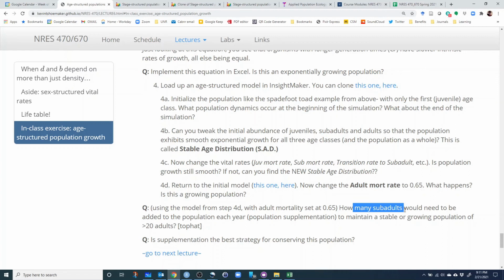How many subadults would we need to be adding to the population each year, or supplementing, in order to maintain a stable or growing population of more than 20 adults? What's the minimum number of subadults that would need to be supplemented in the population in order to maintain 20 adults? So let's see if we can answer that question.